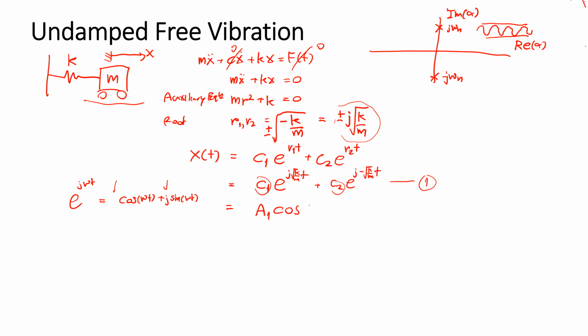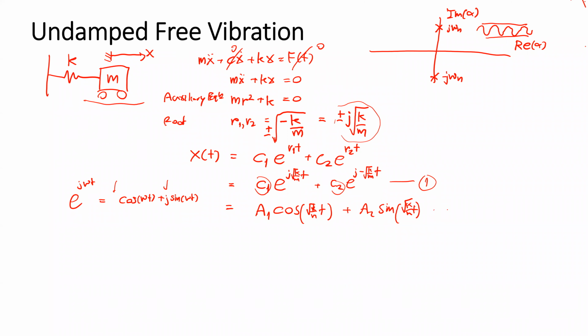a1 cosine root k per m t plus a2 sine root k per m t.